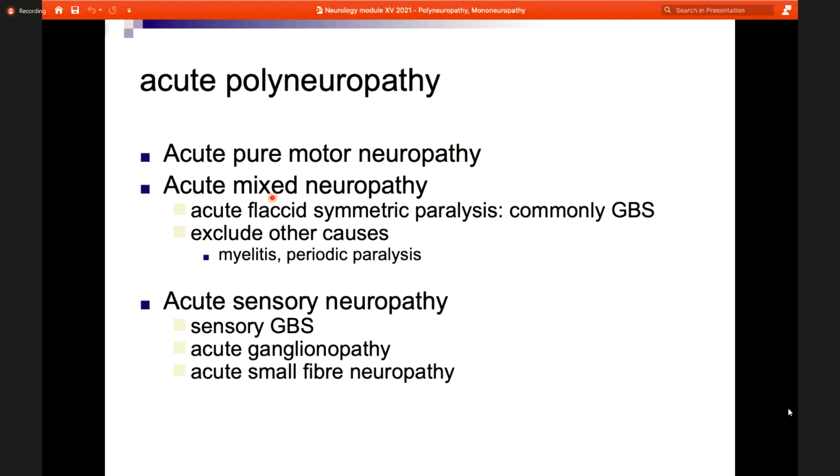Non-neuropathic conditions can look like acute neuropathy. Then acute sensory neuropathies can be sensory Guillain-Barré. Acute ganglionopathy. Ganglionopathy is not really a neuropathy, it's dorsal root ganglion involvement. And you can also have acute small fiber neuropathy, an extremely rare condition. But I mentioned this because it was described in this country for the first time.